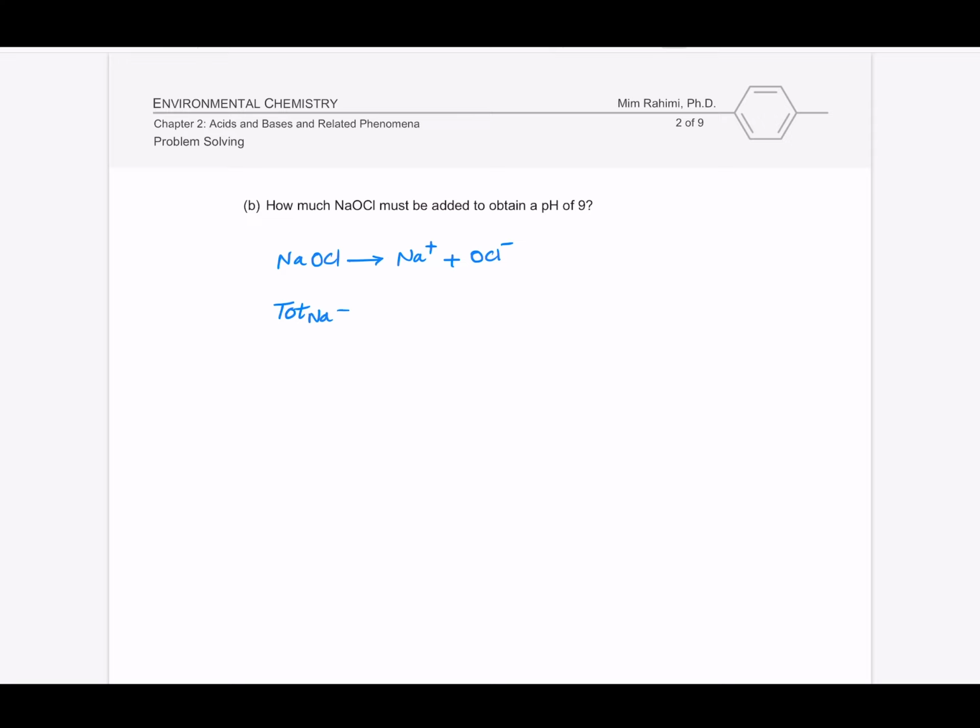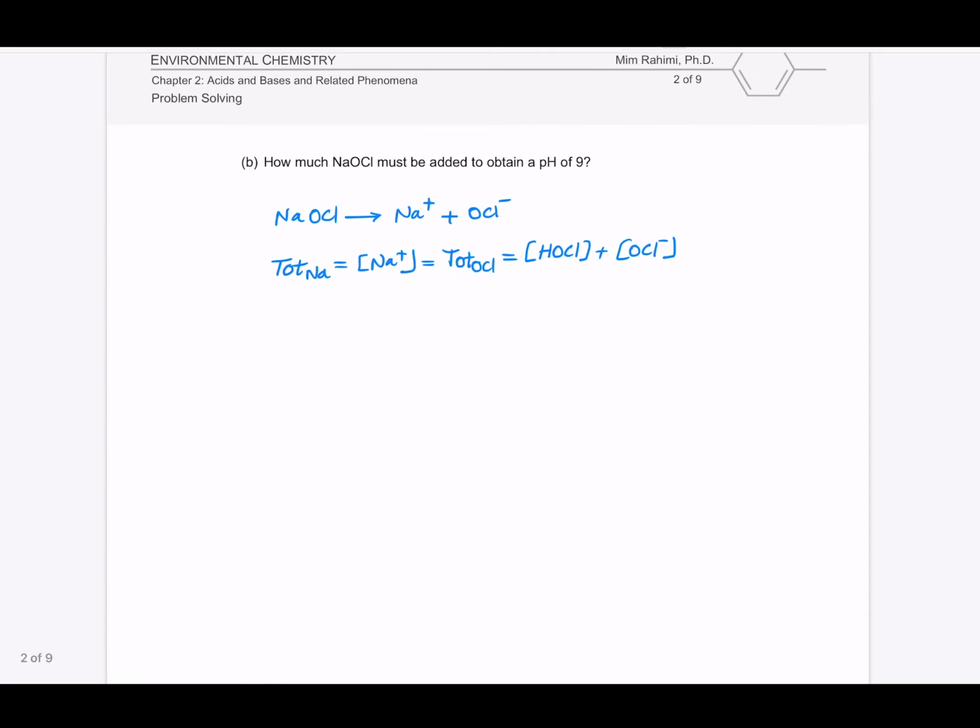So total Na, which is equal to Na plus, would be equal to total OCl, which is equal to HOCl plus OCl minus. Just keep in mind, when you introduce OCl minus to the solution, at equilibrium, you have both OCl minus and HOCl depending on the pH.